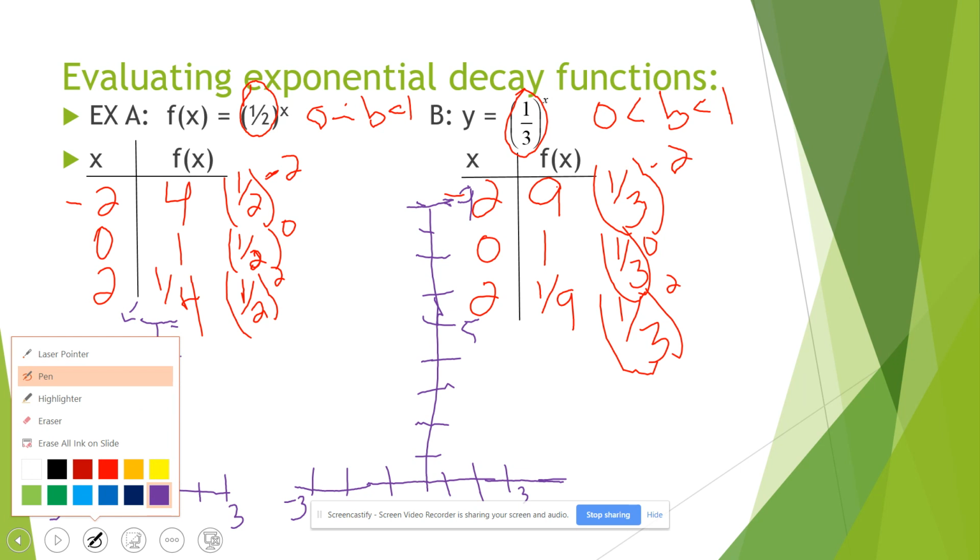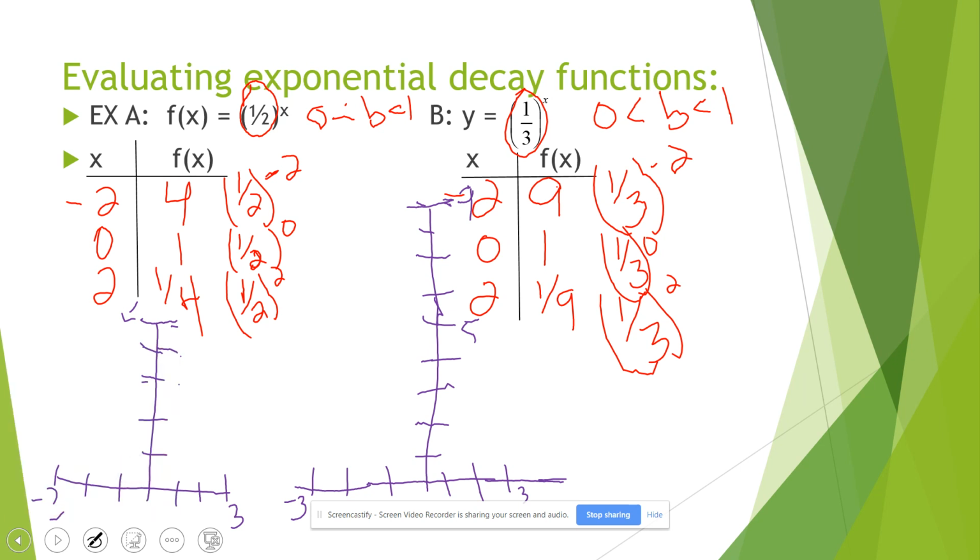And I'm going to change colors here. So we have (-2, 4), (0, 1), and (2, 1/4). There's my decay function. And my asymptote is still at y equals 0.